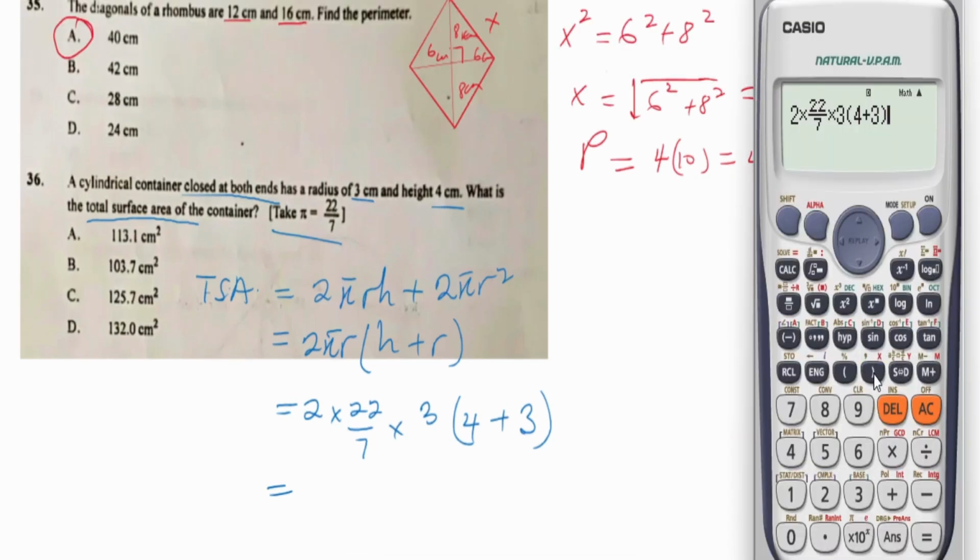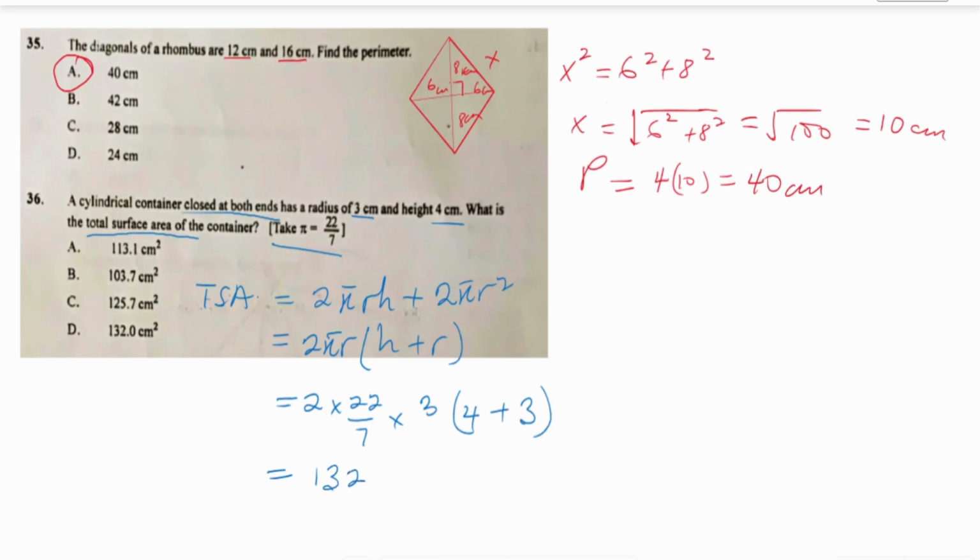We are just putting the numbers in the calculator as we see them. And that equals 132. It is area, so centimeters squared. And looking through the options, the correct answer will be D, 132.0 centimeters squared.